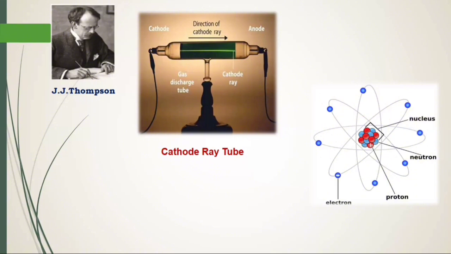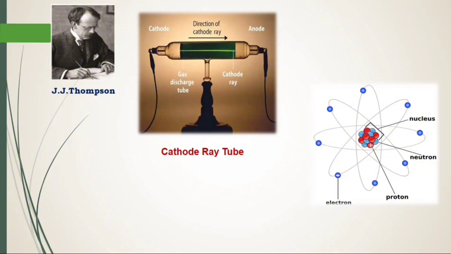He actually didn't mention clearly that this is the nucleus, but he gave a prediction about that. He also proved that positive charges are present within it, and that's why these alpha particles get deflected.